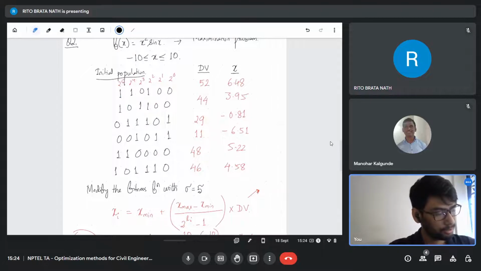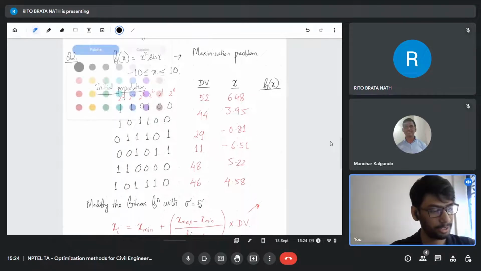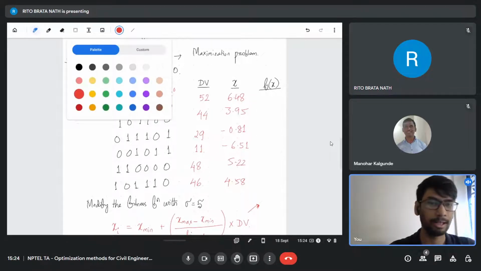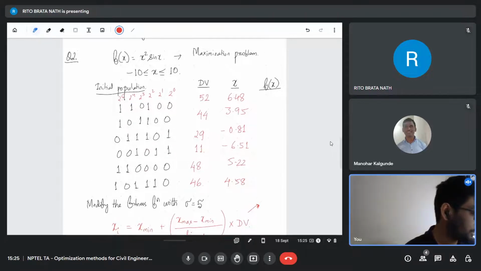So let's write this fx function. You can just do it in Excel or somewhere else as well, R or Python, anywhere, that will work. But let me do it quickly in my calculator. So this first one is 6.48.